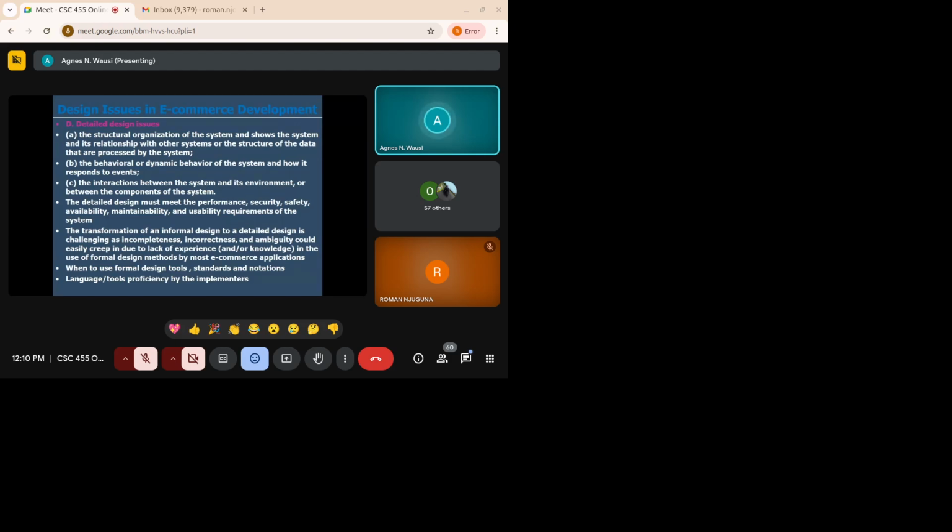So you find then that as you look at all those in your detailed design, to some extent, you start also looking at the quality aspects, how you are embedding some of the quality aspects in terms of the performance, the safety, the availability, the usability of your system.